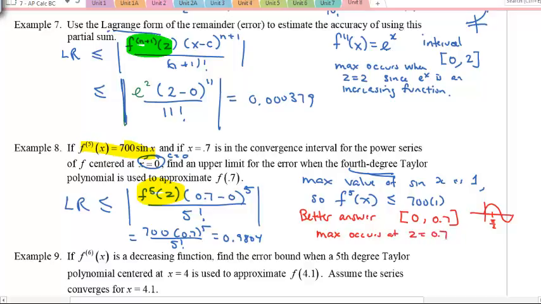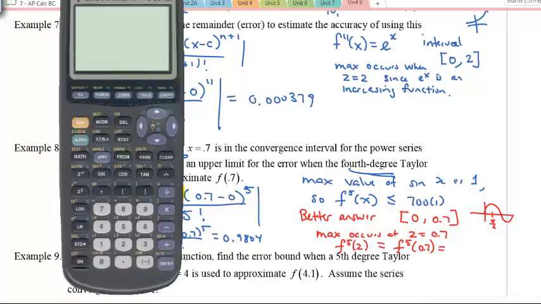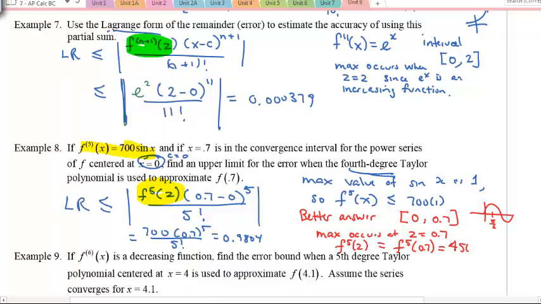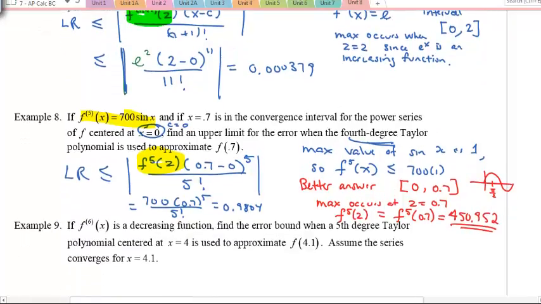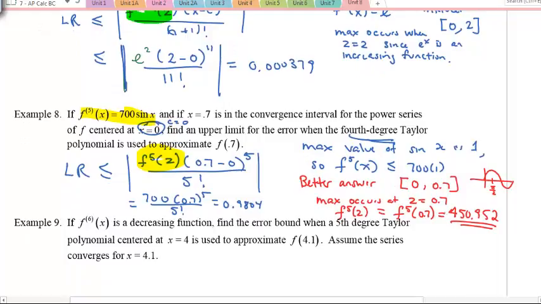So really, instead of using 700, I could have used the fifth derivative with the z value at 0.7. And if I were to calculate this, 700 times sine of 0.7, I could have used 450.9 instead. And this would give me a better, more accurate error bound.